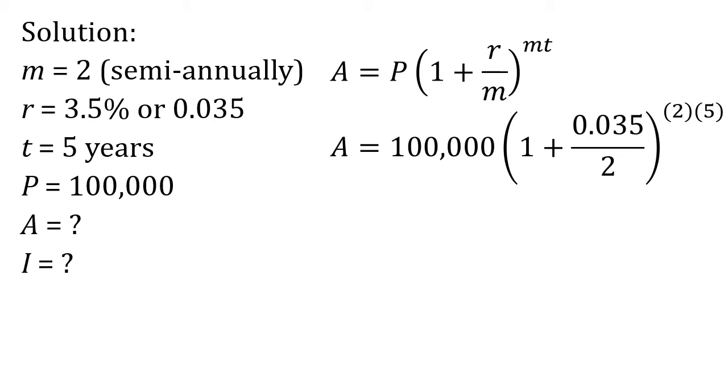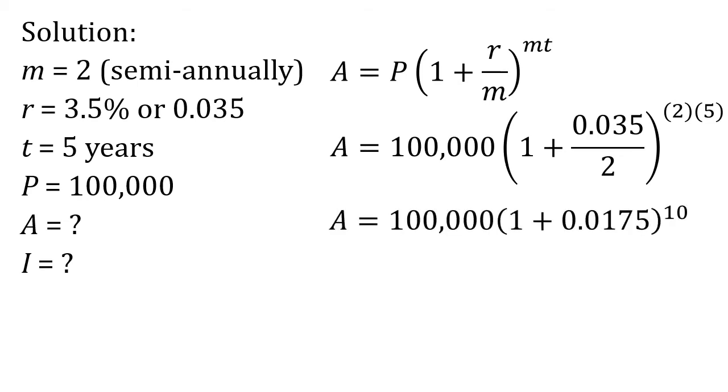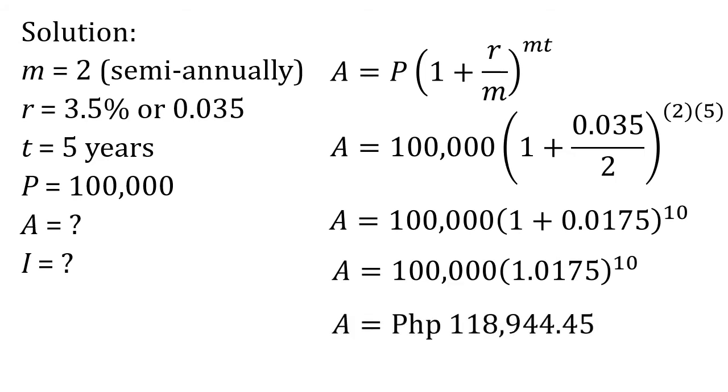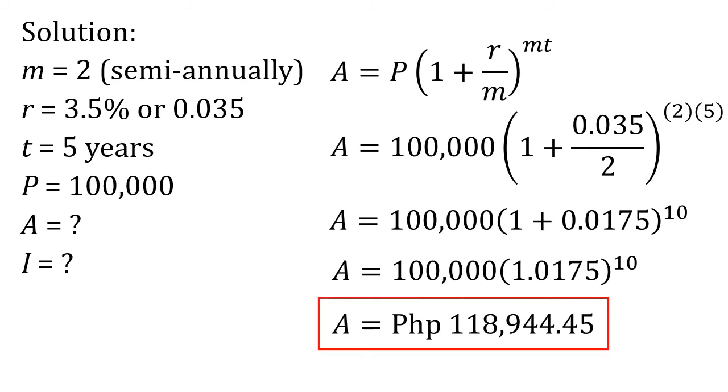So here, 2 times 5, that's 10. 0.035 divided by 2, that's 0.0175. So plus 1, that's 1.0175 raised to 10 times 100,000. So this answer is A equals 118,944.45 pesos. So that is the future amount of the savings.